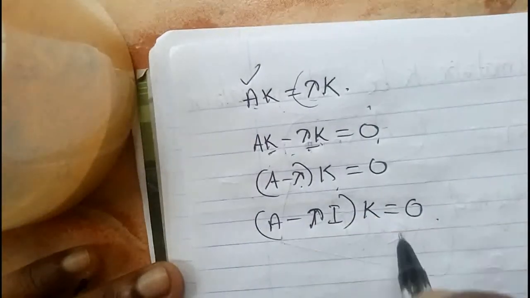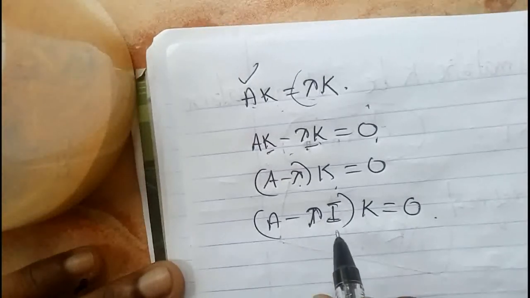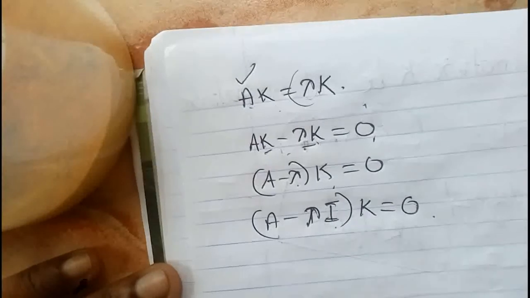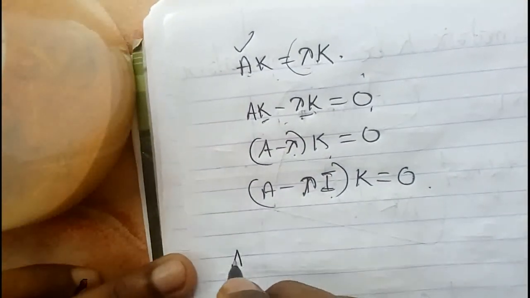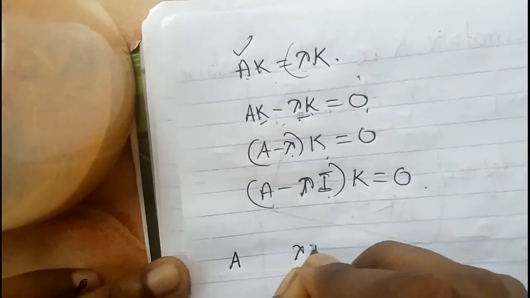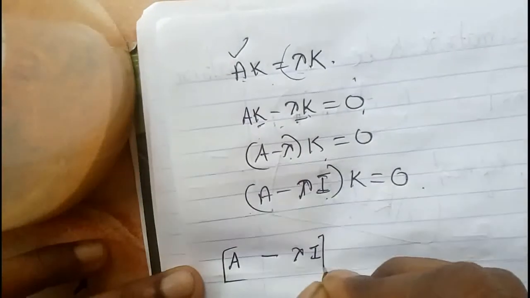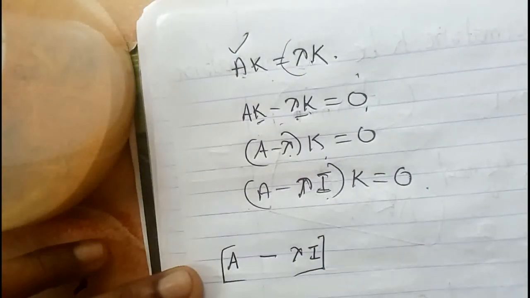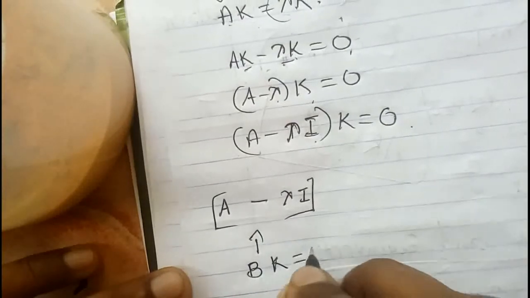Lambda can be written in matrix form, so A minus lambda I into K equals 0. A is a matrix, lambda I is another matrix, so A minus lambda I is a matrix. Call this matrix B, so BK equals 0.